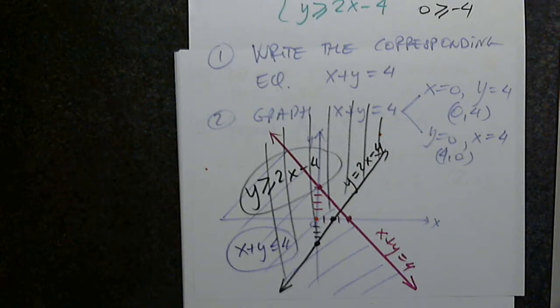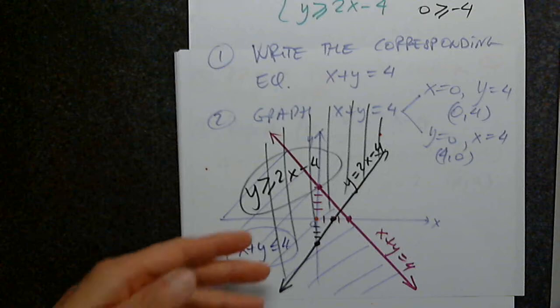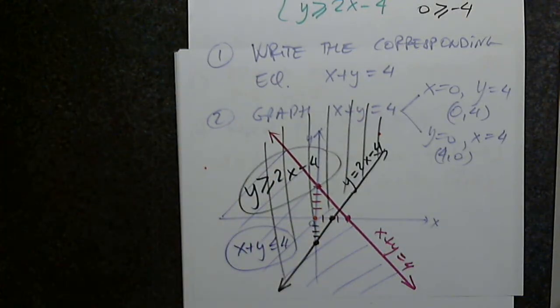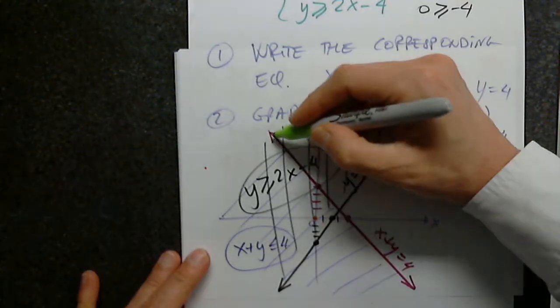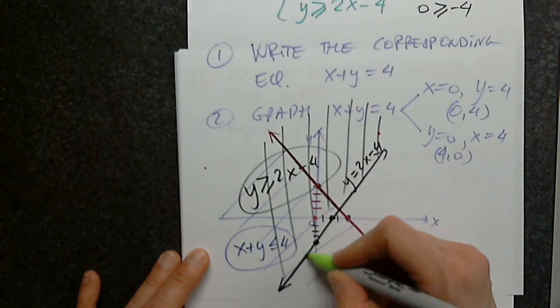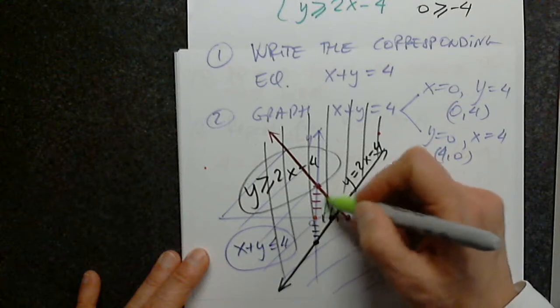I need to pick that region, that territory that consists of solutions that verify both inequalities. So I don't want this gray and I don't want this purple. I want gray and purple at the same time. Do they overlap? Yes. All points on this line and the vertex, all points on this line, and everything else in between.